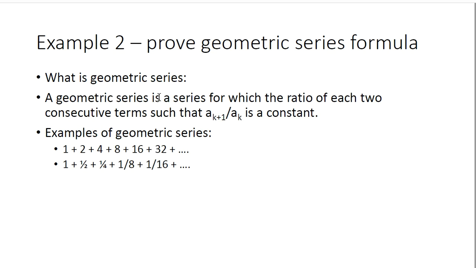So for example, 1 plus 2 plus 4 plus 8 plus 16 plus 32 is a geometric series because 2 divided by 1 is 2, and 4 divided by 2 is 2. So the common ratio here is equal to 2.